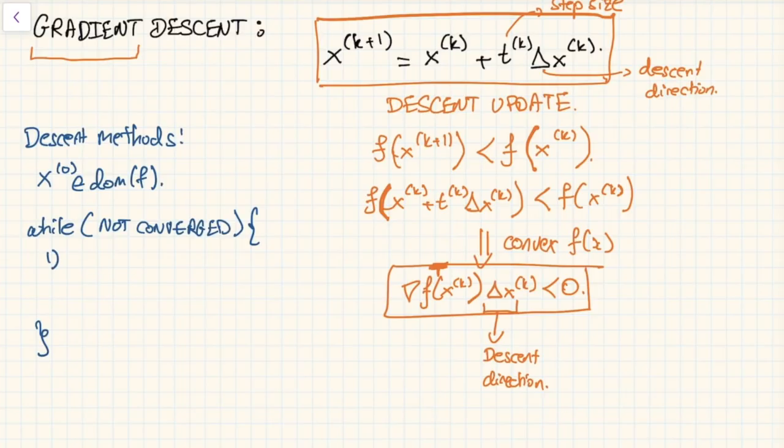One, you determine a descent direction delta x that satisfies this guy right here. That is, at xk, let's say we're at step k, the gradient of f transpose at xk multiplied by delta xk should be negative. This is 1.